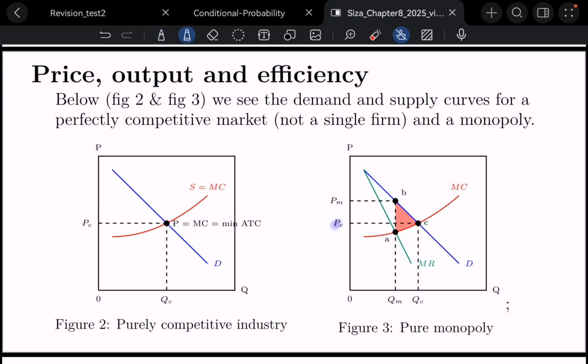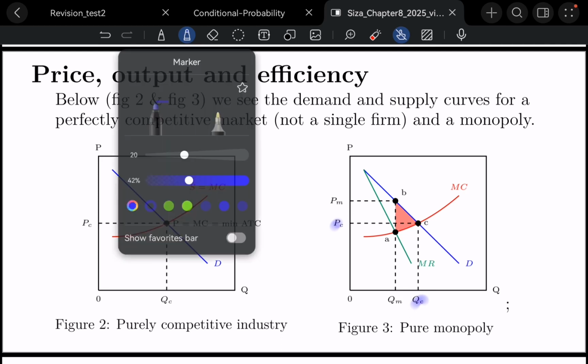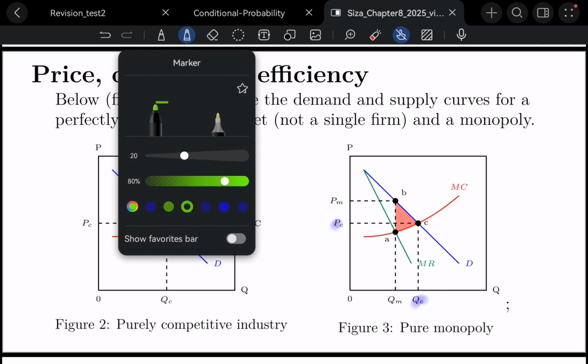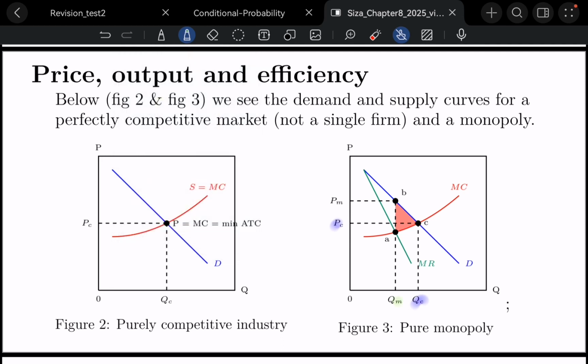All right, so PC would be the price, and the quantity would be QC. But the monopoly produces QM, and this QM is produced at a price of PM.